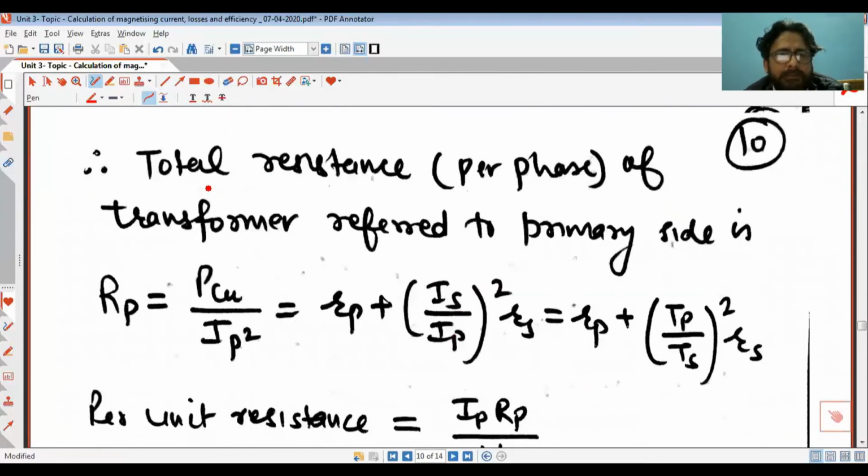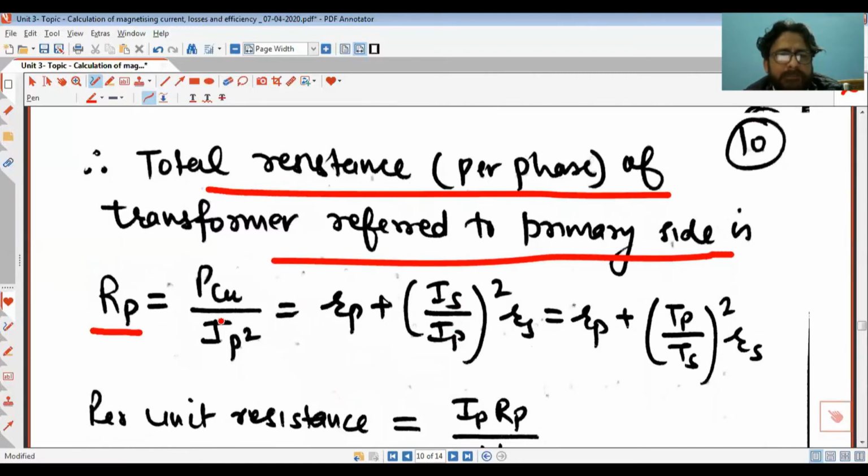From here, you can find the total resistance per phase. The total resistance per phase is equal to the total copper losses divided by IP square. Just remember this capital RP. What is this capital RP? This is the equivalent resistance of primary, which includes the parameter of secondary referred to primary. I hope you all have studied the referred values also.